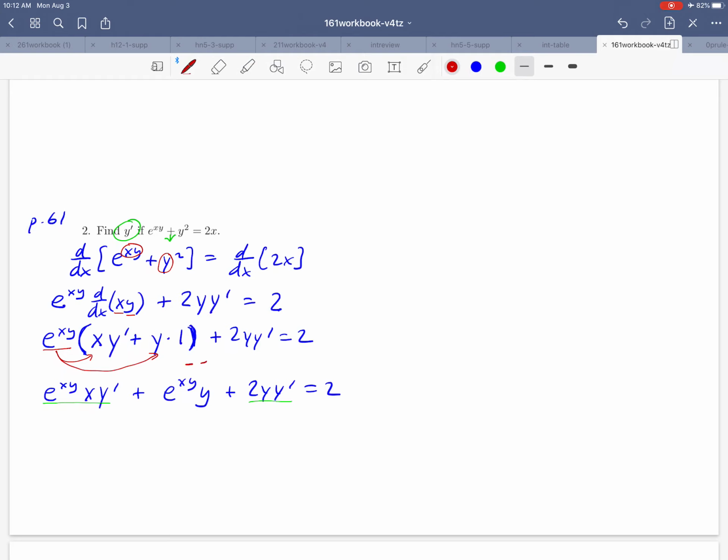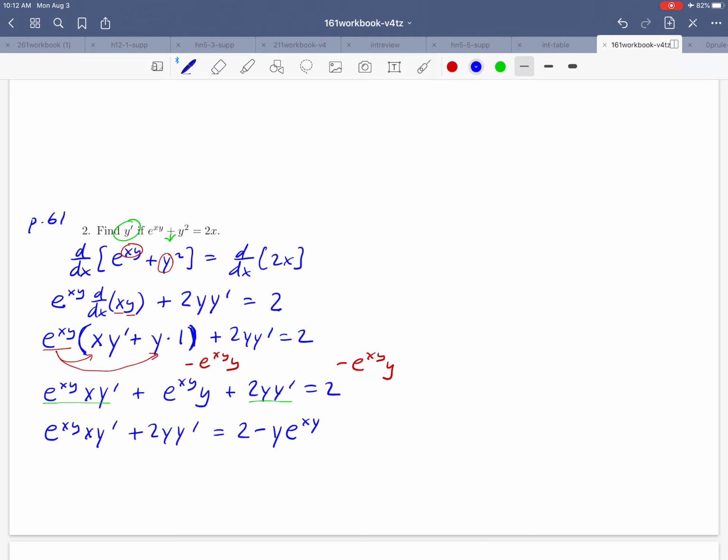So we're going to subtract this one term that doesn't have a y prime in it over to the right-hand side. If we do that, we're going to get e to the xy times x y prime plus 2y prime equals 2 minus e to the xy times y. I'm going to rewrite that as y times e to the xy. Maybe a little bit more natural to put the y in front.